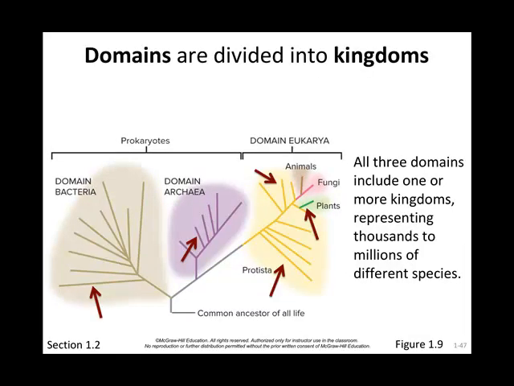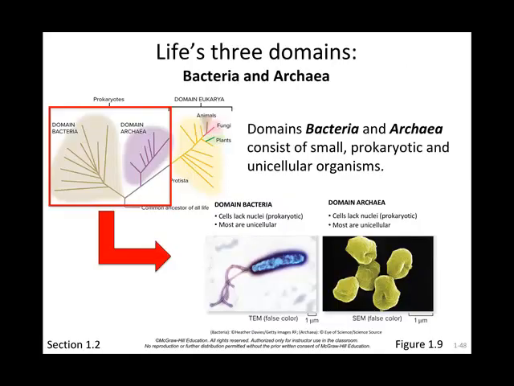All 3 of these domains then have one or more subdivisions called kingdoms. The eukarya domain has the most kingdoms and probably ones that you recognize, such as animals and plants. The domains bacteria and archaea are what we call prokaryotic, and most of the organisms in these 2 domains are made of one single cell, or are unicellular.